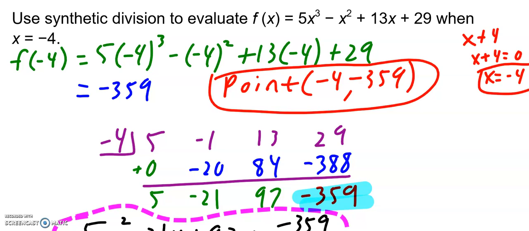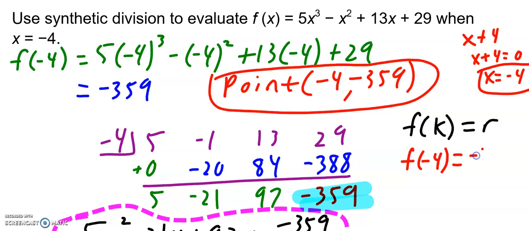Generically, what we would say is f of k equals r. Because remember, when we do synthetic division, we always divide by something of the form x minus k. So in this case, k was -4, r is the remainder. So for this problem, this is f of -4 equals -359.